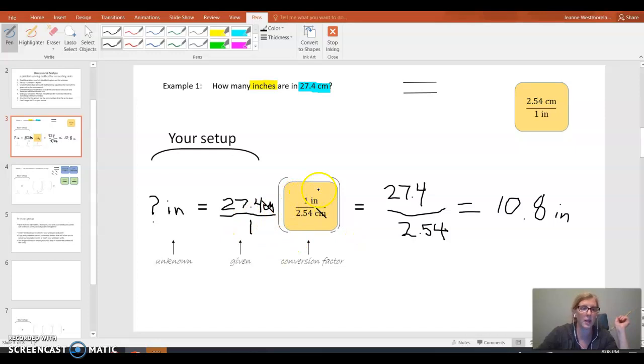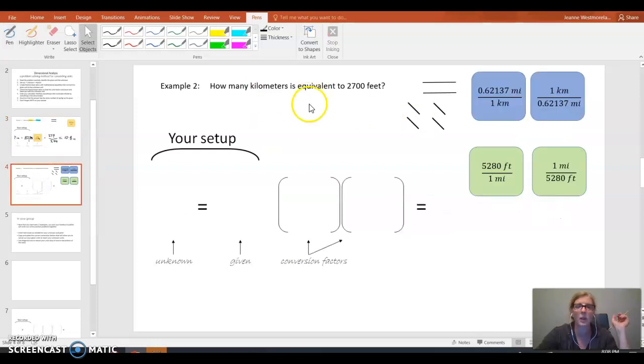Okay, let's move on to our next example, which requires a couple of fraction style ratios. So this just used one fraction style ratio. So next, we have how many kilometers is equivalent to 2,700 feet. So kilometers is our unknown. 2,700 feet is our given.